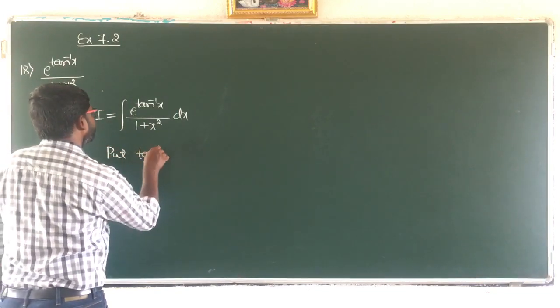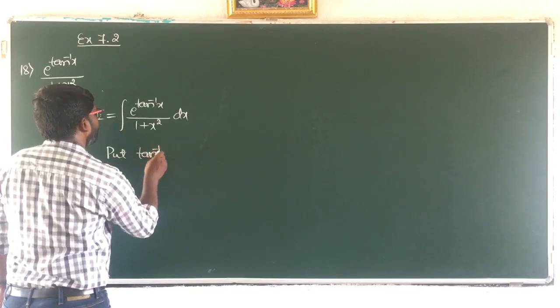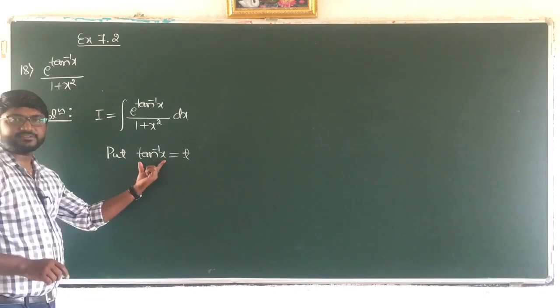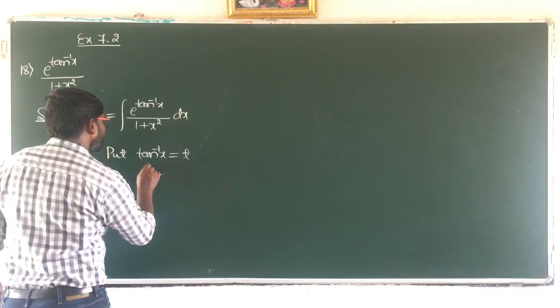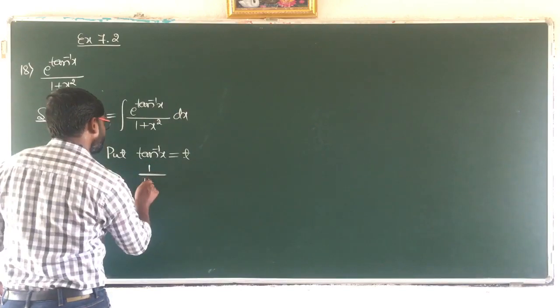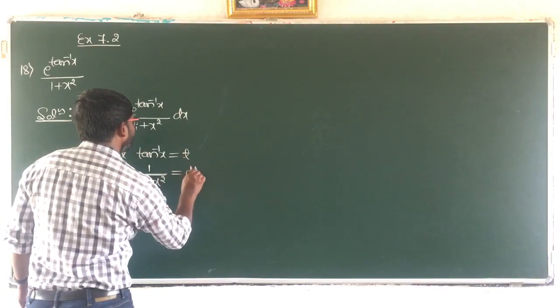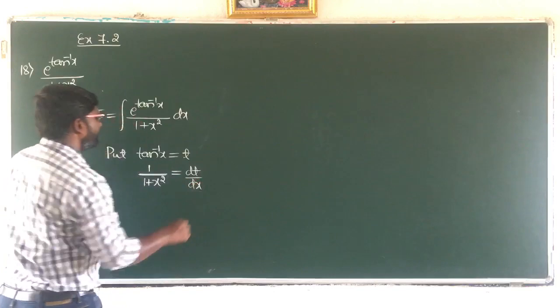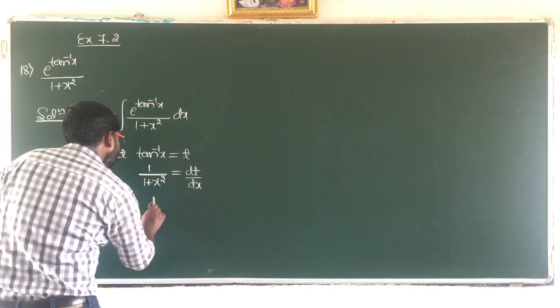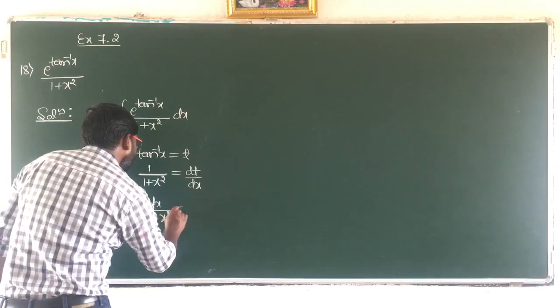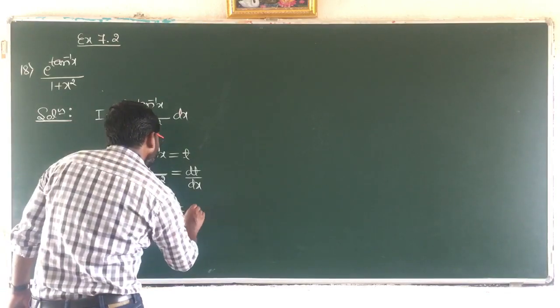We have its derivative in the denominator. What is the derivative of tan inverse x? It is 1 divided by 1 plus x square, which is equal to dt by dx. So now take dx to the LHS. So it becomes dx divided by 1 plus x square, which is equal to dt.